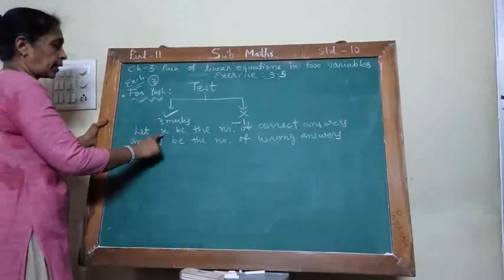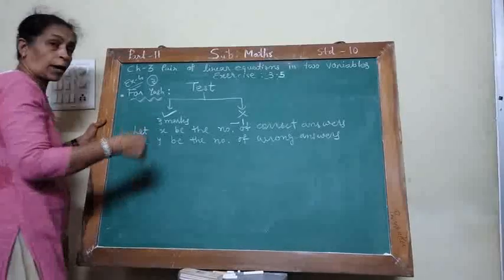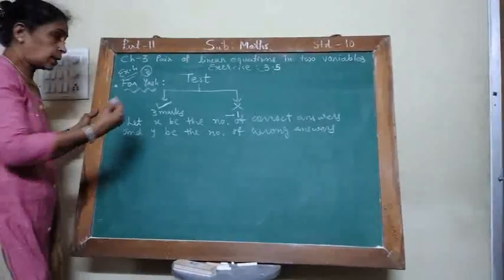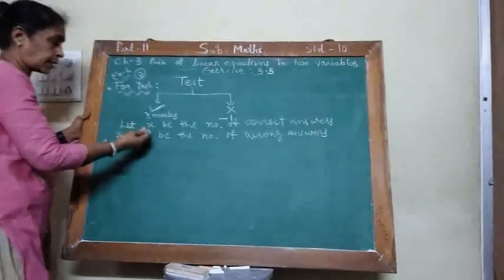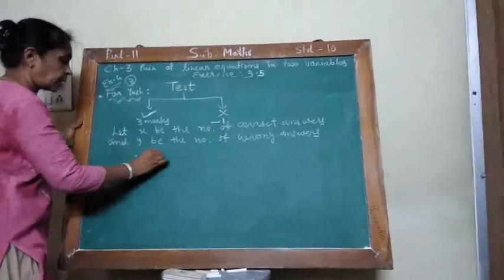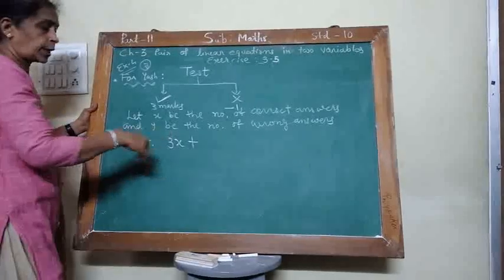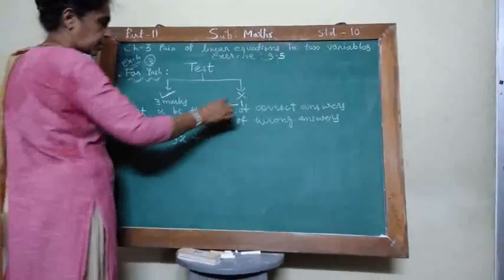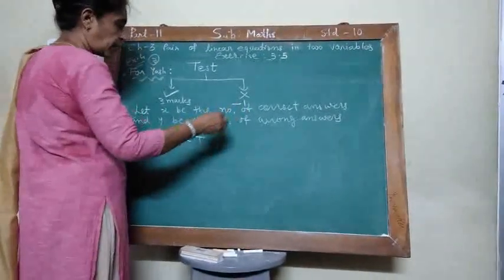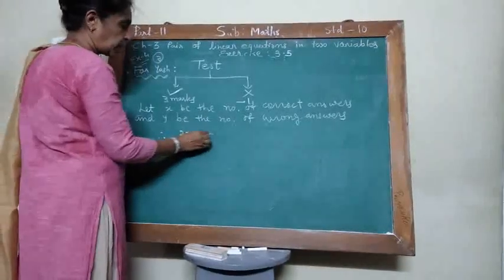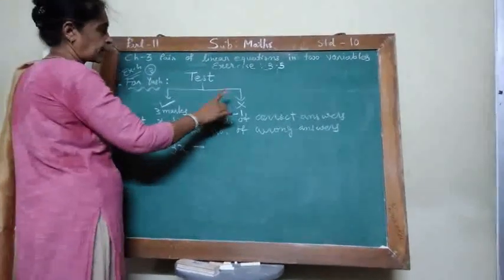for one question right, you get 3 marks. So there are x questions done correctly, so the term becomes 3x. Here don't put plus for y, because negative marking is there.